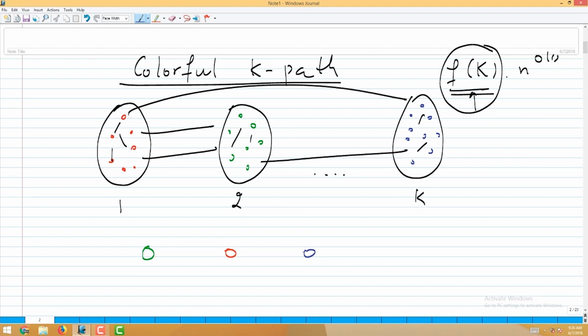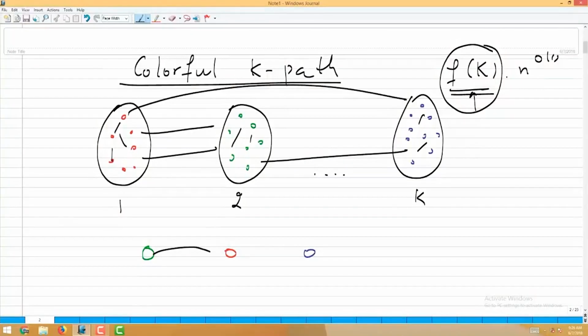Once I've guessed that, what is the problem we are looking at? We are looking at a k path. Earlier we were looking at a k path that was colorful. Now we are looking at a k path whose first vertex is green, second vertex is red, and third vertex is blue. And I'll try to find a k path for every possible ordering of these colors.